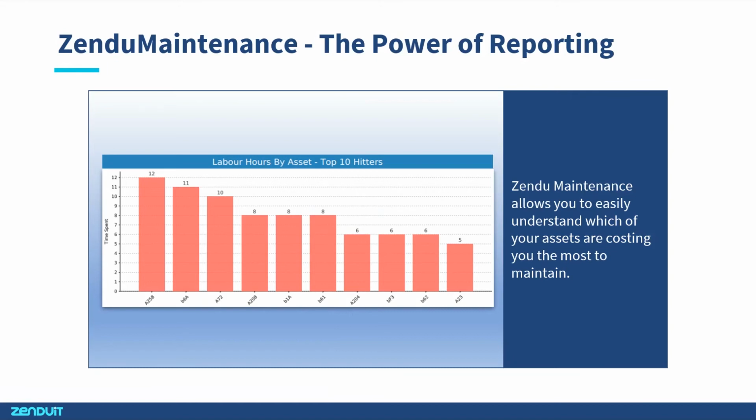Maybe it's time to replace that asset, because as assets age, they may require more maintenance. But it comes to a point where it costs us more to maintain that asset over a period of time than it would to just replace the asset and reduce our maintenance.